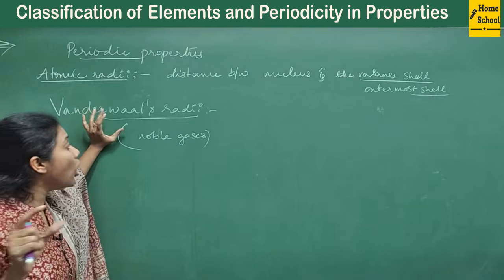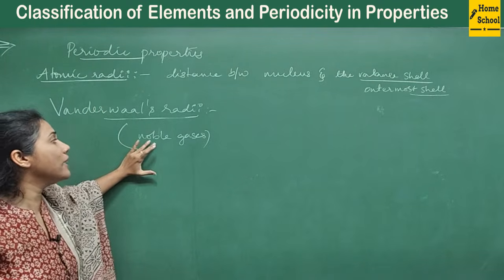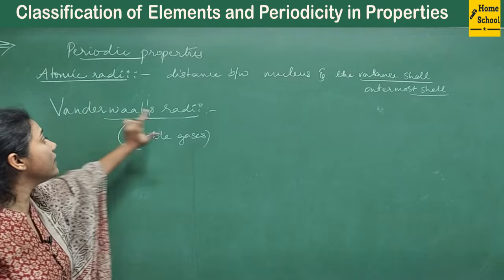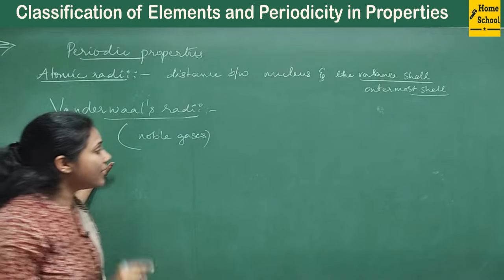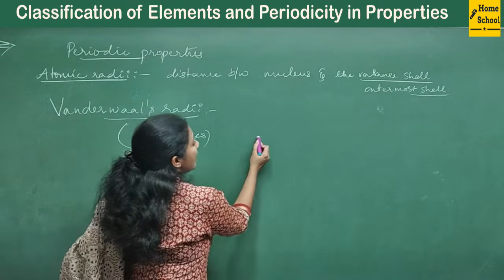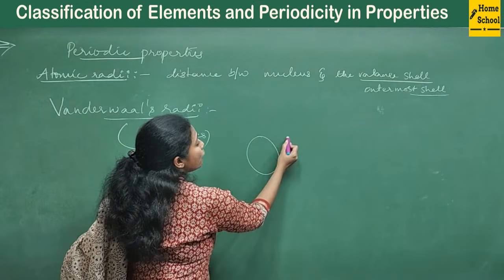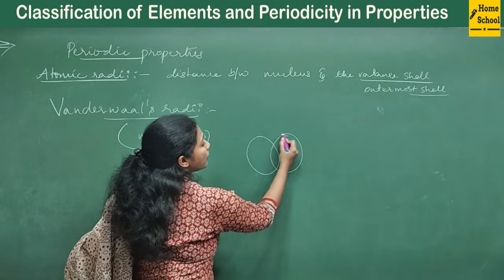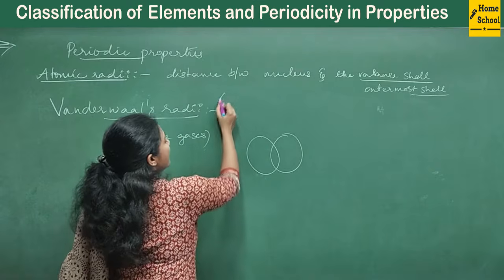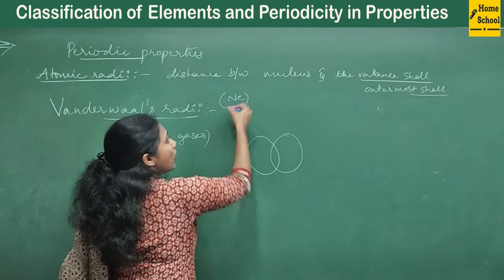But to talk about the size of noble gases, we always consider van der Waals radii. So what is this van der Waals radii? Imagine this is one molecule of neon. The best examples of noble gases are neon or helium.